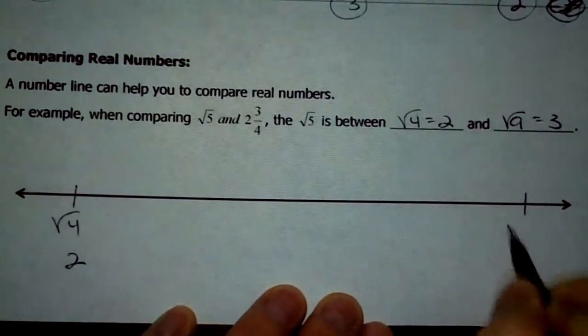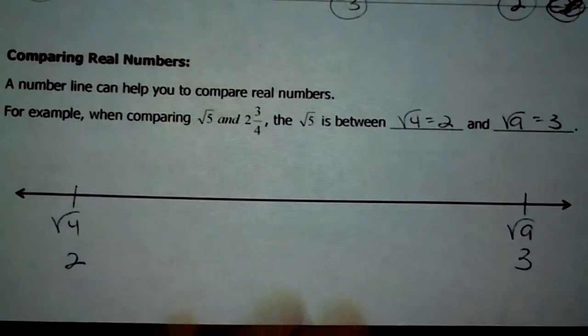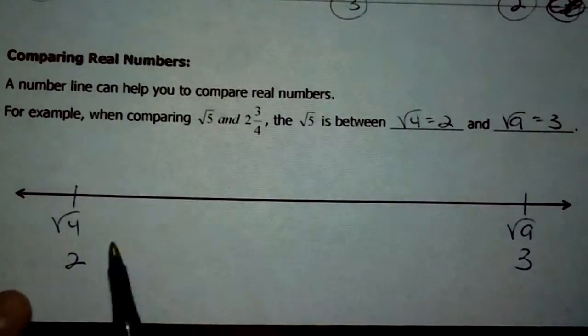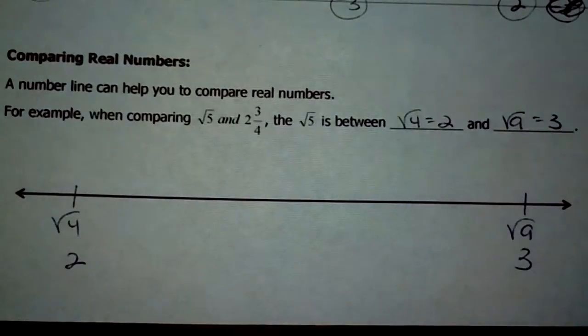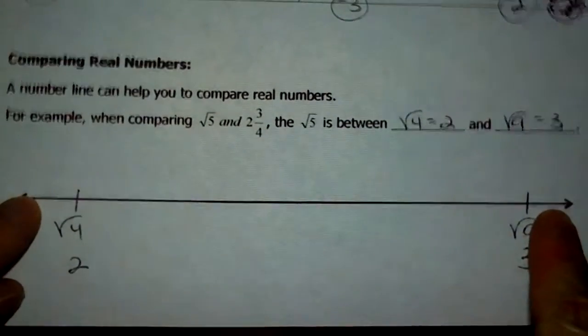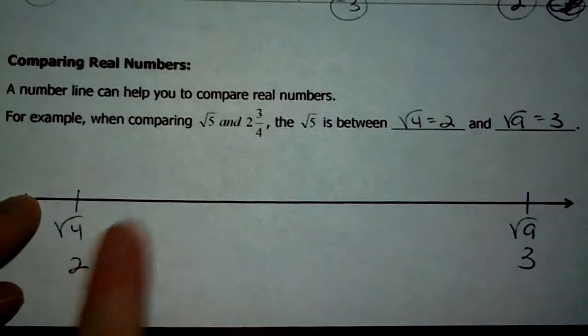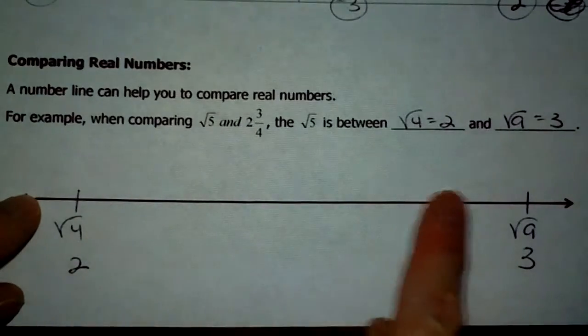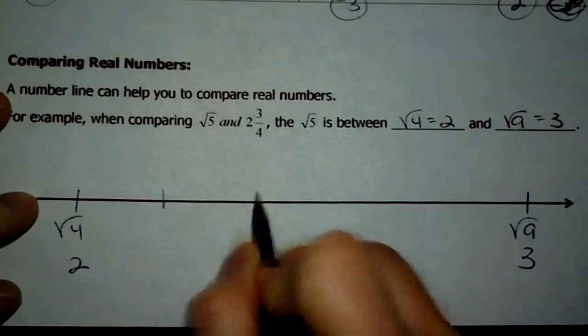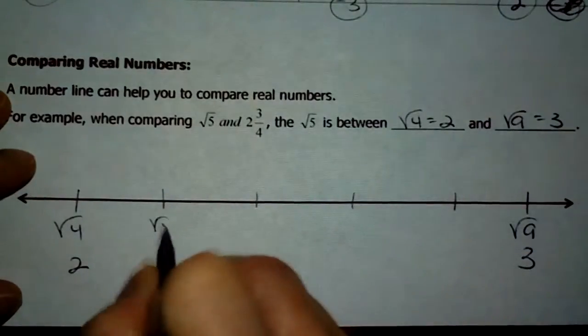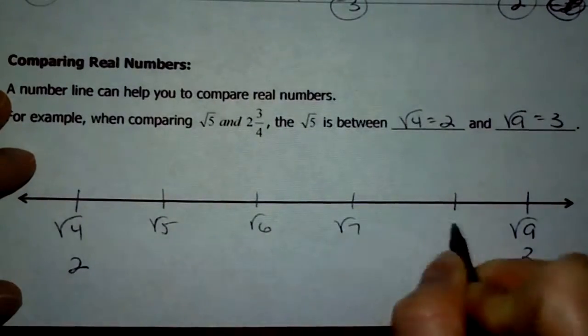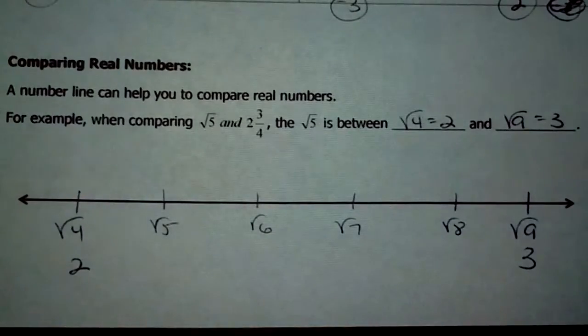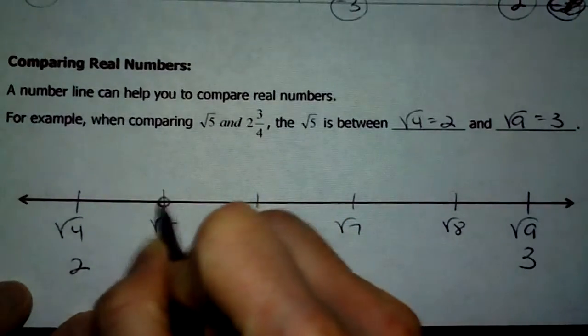And I'm going to put the square root of 9 here, which is 3. All right? So what we need to do is we need the square root of 5 to be on here as well. And if I'm going from 4 to 9, then we would have 5, 6, 7, 8. Square root of 5, square root of 6, square root of 7, square root of 8. Okay, so here's the square root of 5.